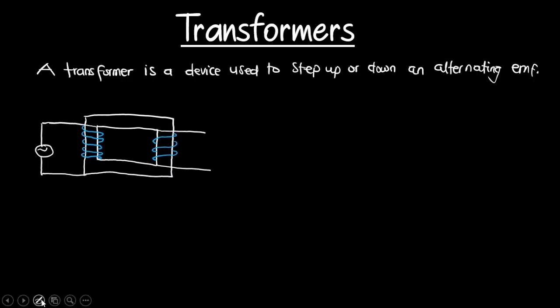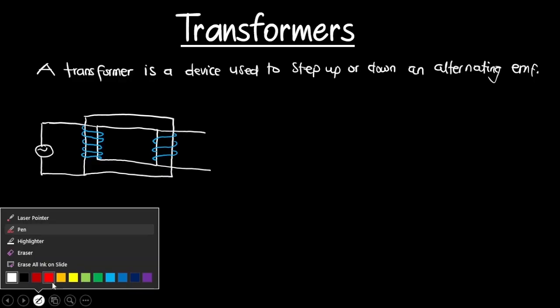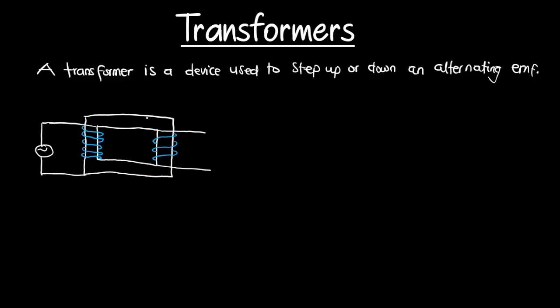So let me quickly label the parts. This is what we are calling the soft iron core. Okay, that's the soft iron core. Then this is the AC input, alternating current input. This is our source of alternating EMF. Now, the first coil near the AC input is what we call the primary coil.